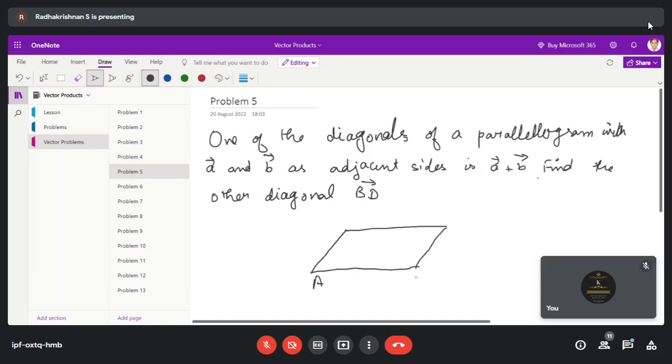One of the diagonals is A plus B. So this means this is A and this is B. You take it like that. Therefore one of the diagonals became A plus B. Now what will be the other diagonal?